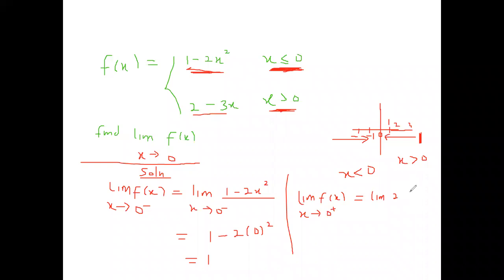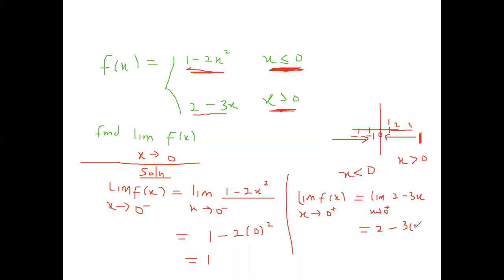So we are dealing with the function 2 minus 3x, okay? As x approaches what? Approaches 0 from the right hand. So when we do this substitution, this should give us 2 minus, we are just going to put in 0 because it's a linear function.